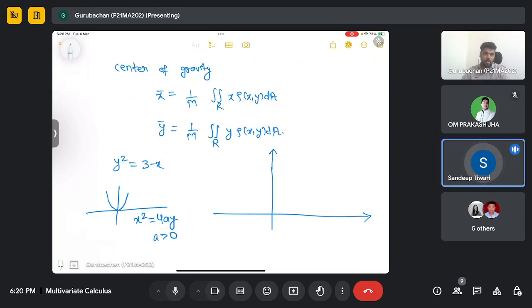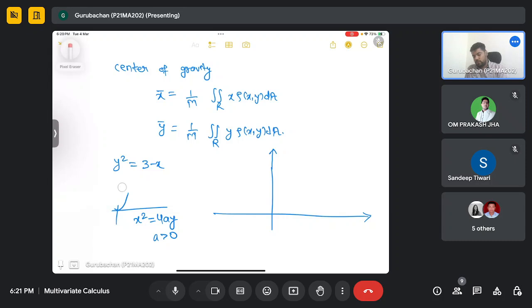Here we have y square of the type 4ax where a is negative, so it will be y based and the direction of this parabola will be towards the negative x-axis.